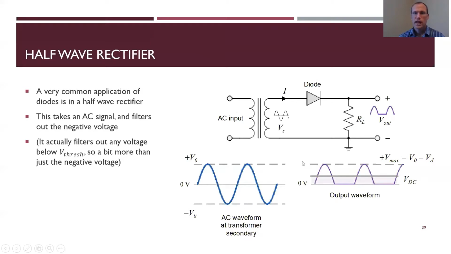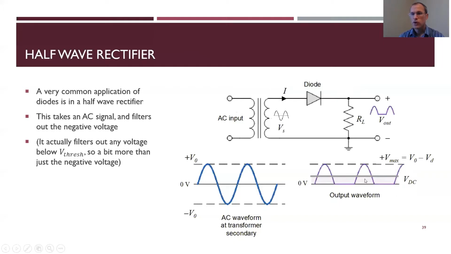The simplest one is called a half-wave rectifier. For a half-wave rectifier, you essentially just stick a diode in your circuit. I have my AC input through a transformer, so that can change the peak voltage. The diode essentially just cuts off all the negative part. So I have my AC input, V0, AC waveform, and then this just cuts it off at whatever the threshold voltage is.